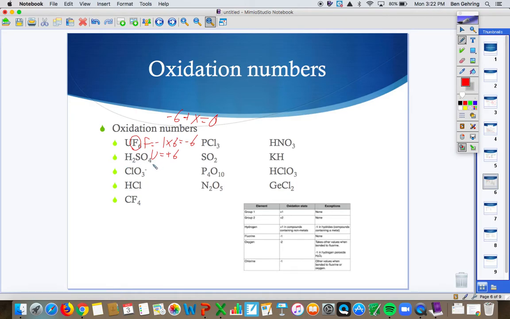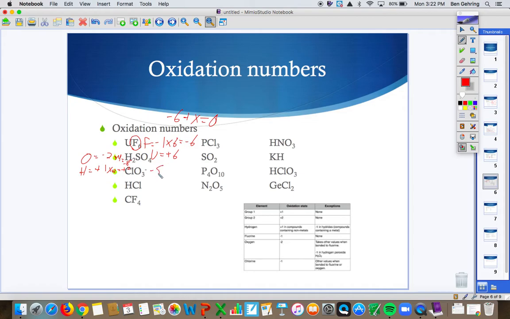H2SO4, hydrogen sulfate or sulfuric acid. I know that oxygen is -2. I know that hydrogen is +1. I have 4 oxygens, so -2 times 4 equals -8. +1 times 2 equals +2.